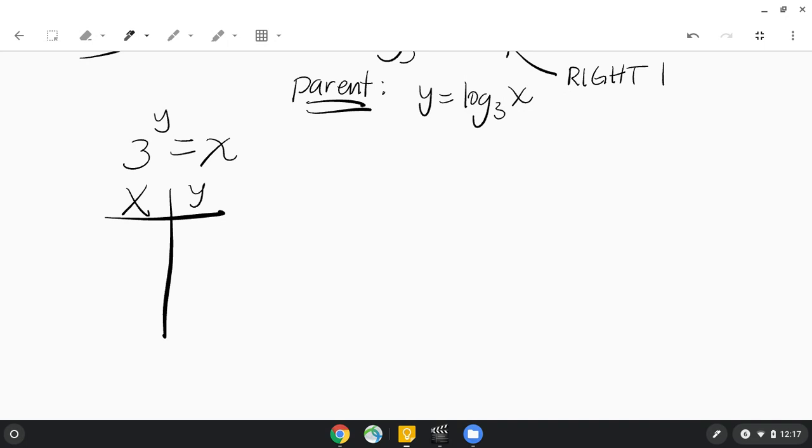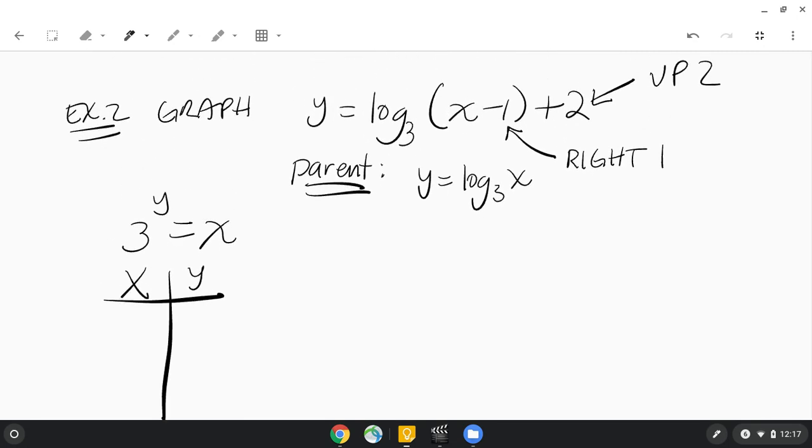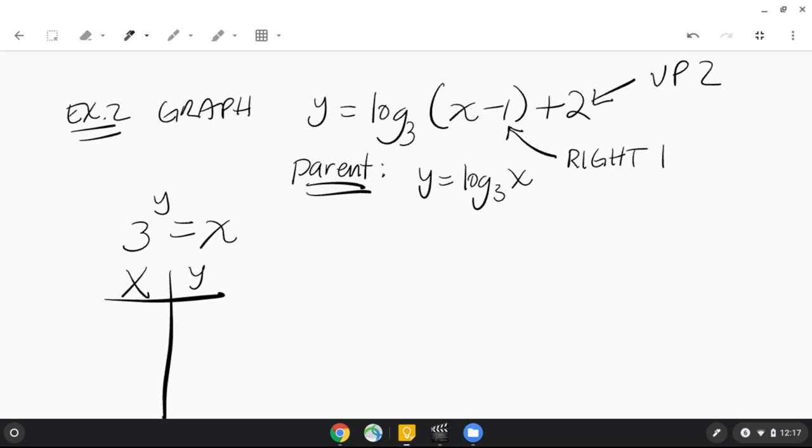Pick your points, set up your vertical asymptote, plot your parent graph, and then do your shifting. Go ahead and hit pause, give that a try, and come back.